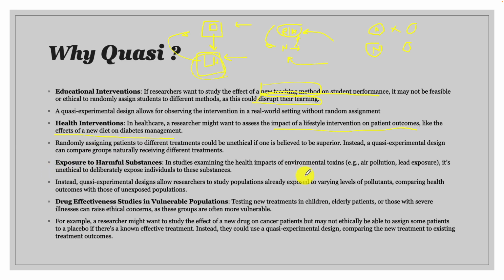If I'm looking at harmful substances and I have a group of individuals who are exposed to very high levels of lead, well, I would keep my lead group together and I would keep my non-lead group together, because if I were looking at treatments or I was looking at what maybe smaller doses of lead does to the physiology within these individuals, I can't randomize them and mix them together, because if I'm dealing with any sort of lead, I got to keep my non-lead group away from it, right?